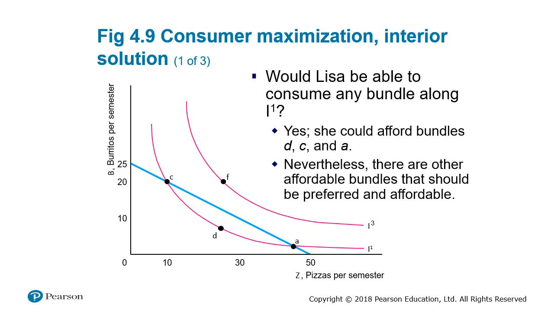But looking at those three, there are other affordable bundles that would still be preferable to bundle C, D or A. For instance, bundle E. Why would bundle E be preferable? Well, bundle E will be on a higher indifference curve than C, D or A, although it is also affordable for Lisa.